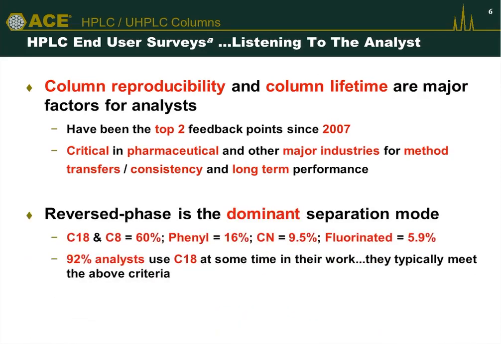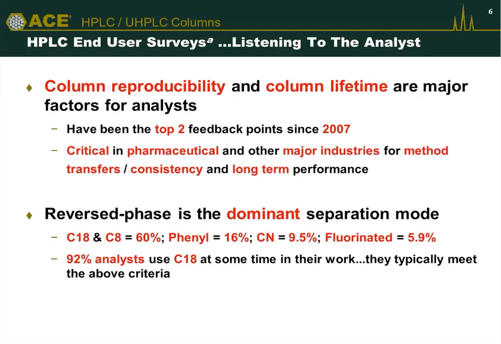Now, looking at the data from this publication from ROM this year, it's interesting to note that reverse phase chromatography is the most dominant separation mode that people use in various industries around the world, and that's maybe not a big surprise. Looking at the details of the survey, it's interesting to note that C8 and C18 columns are the most popular columns that people use. 60% of people use those type of phases in their separations.